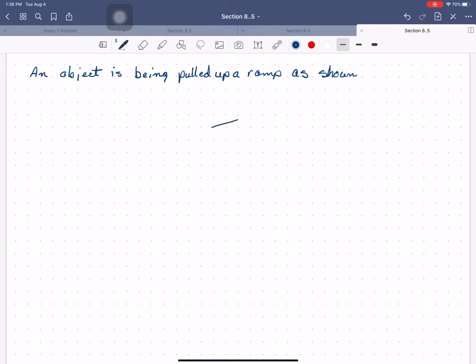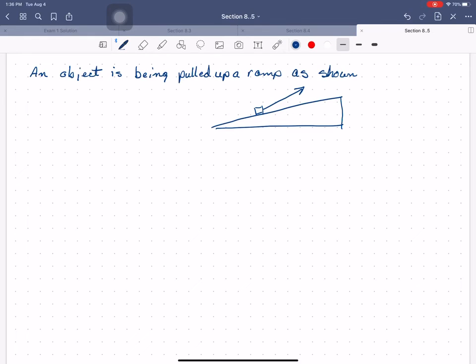But so we've got this box being pulled up this ramp, and we're pulling it at that angle. So we aren't pulling it directly in line with the ramp. And if you think about how you generally would pull, for example, a wagon or a cart up an incline, you'll understand.